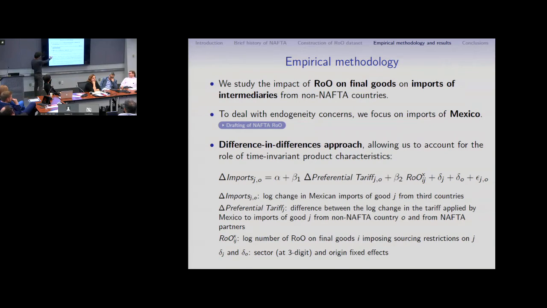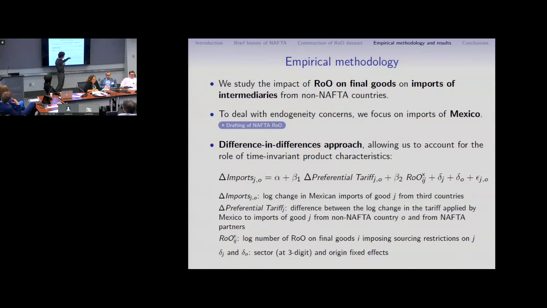Okay, so as I was mentioning before, this is going to be a standard diff-in-diff. On the left-hand side, we're going to have the log change in imports of intermediate good J from country O. Here we're going to have the relative change in preferential treatment: the change in the MFN tariff to third countries minus the change in the applied tariff to NAFTA countries. This wants to control for how protected good J was, or the change in protection for this good.